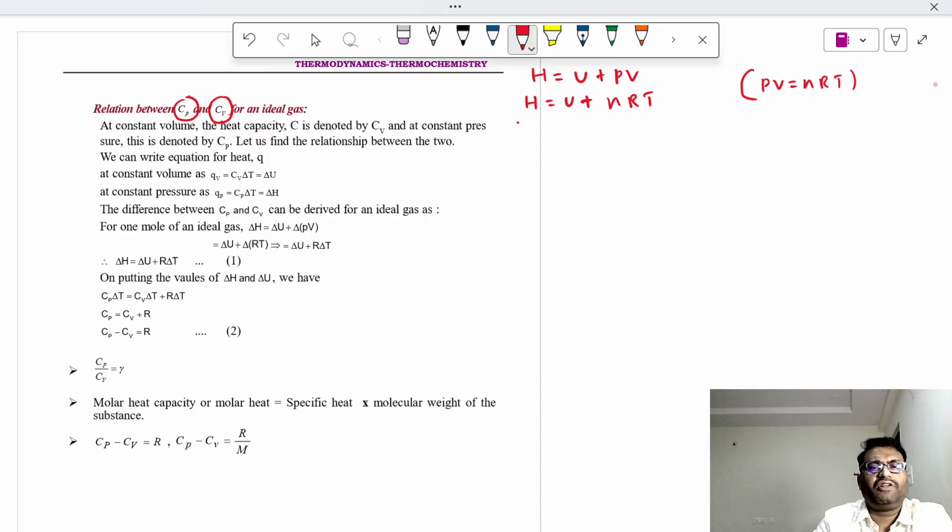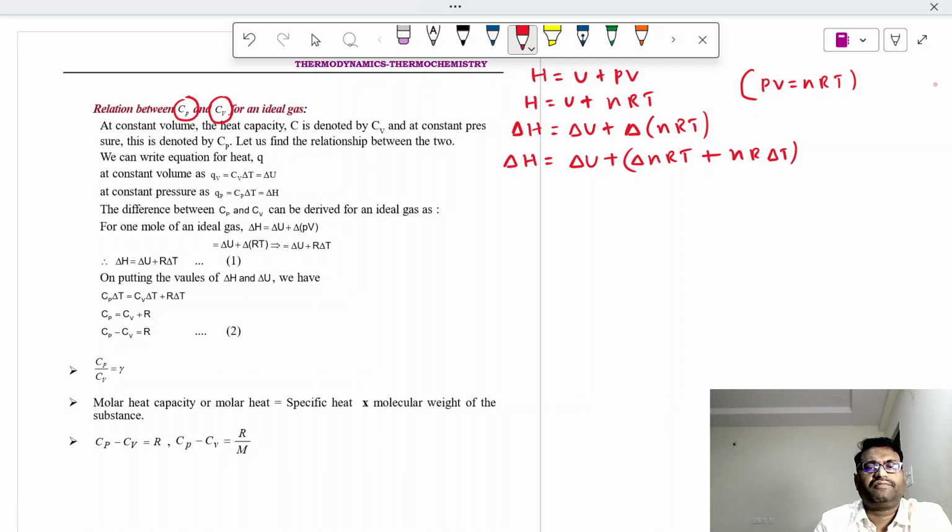Then delta H is equal to delta U plus delta (nRT), which is delta U plus nR delta T. Okay, R is a constant.